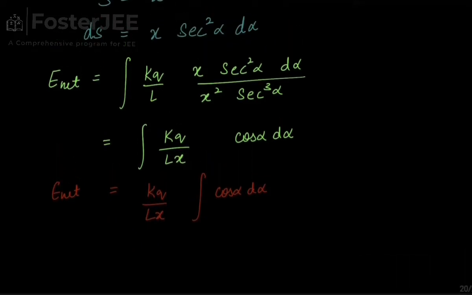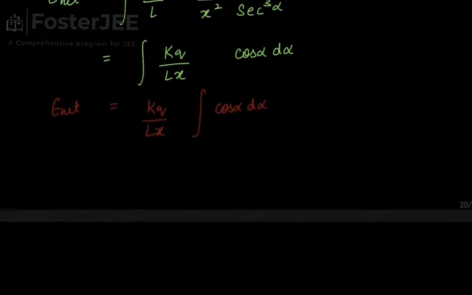Evaluating this integral, we will get E net equals kq upon Lx. The integration of cos x becomes sin x, or cos alpha becomes sin alpha. So this becomes sin alpha from alpha 1 to alpha 2.